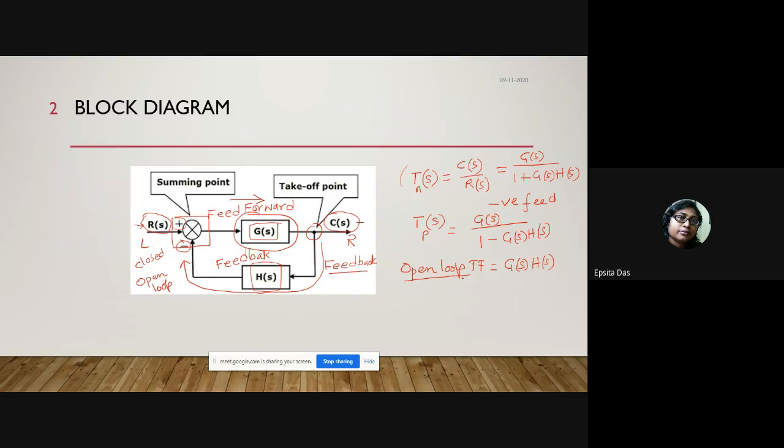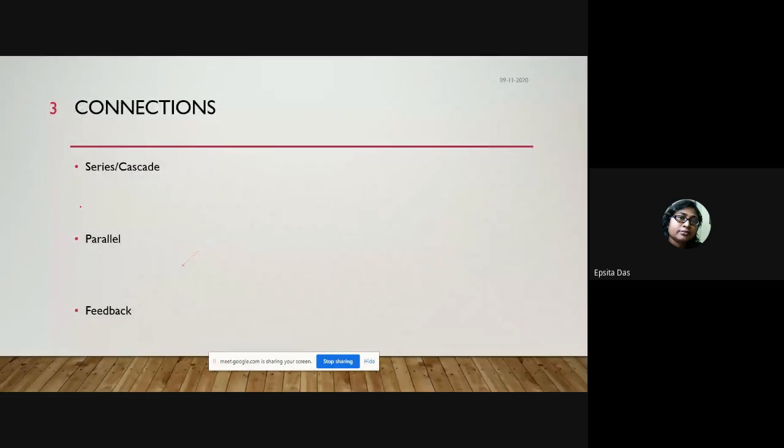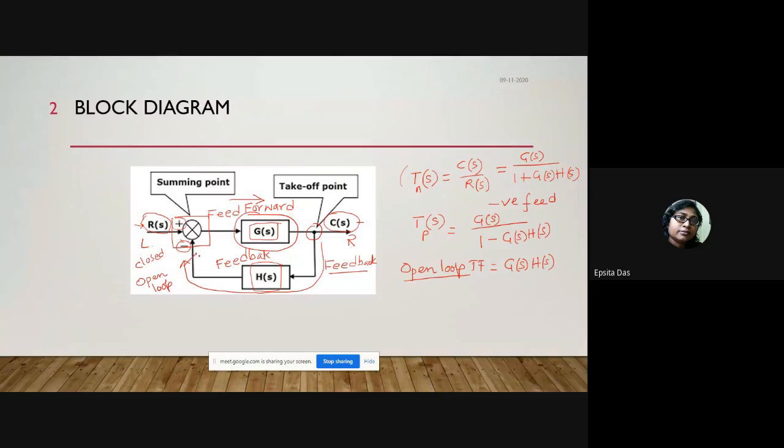What does that mean? It means that suppose there is no loop over here and the loop is open from this point, cut from this point. So what will be the overall transfer function of this path? It obviously is G(S) into H(S).